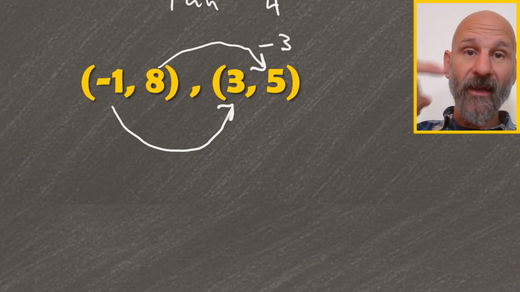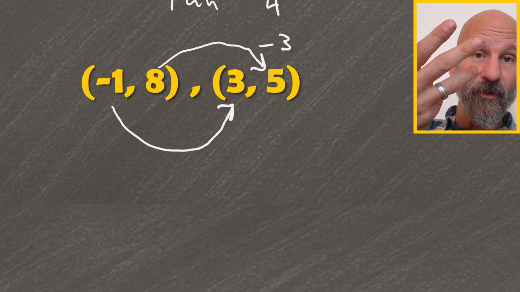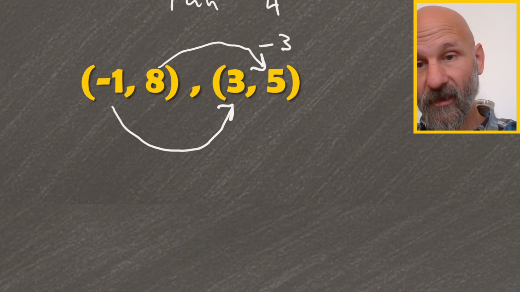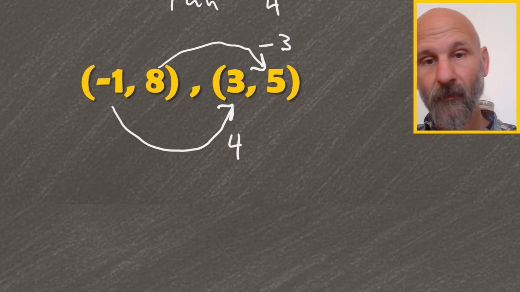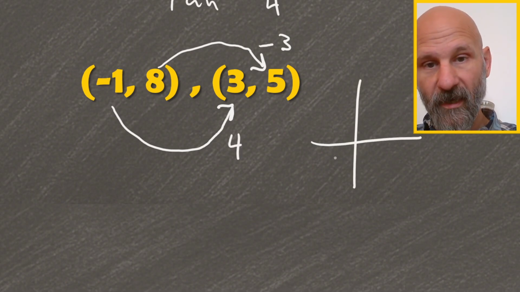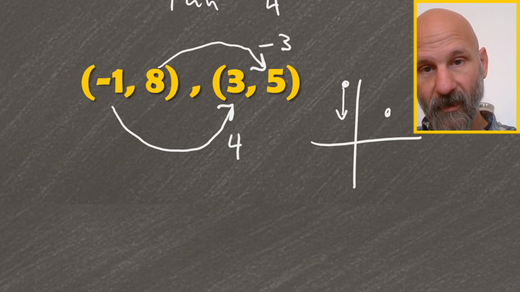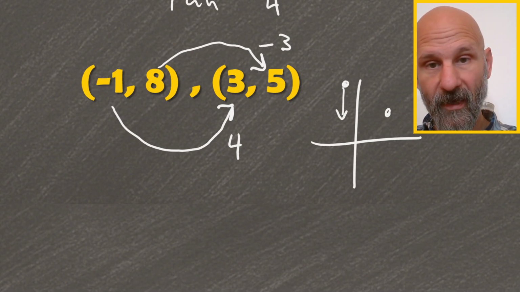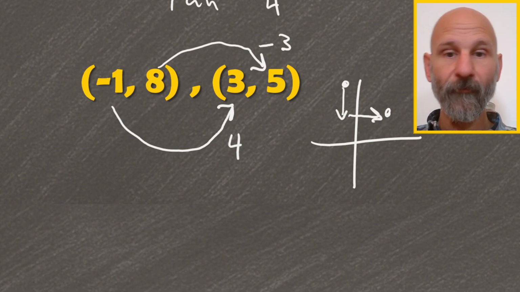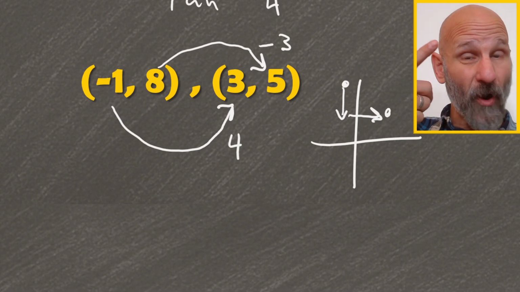So we're going from negative 1, 0, 1, 2, 3. Okay, so that's an over 4. So the rise was down 3, and then the run went over 4, but it crossed over 0.